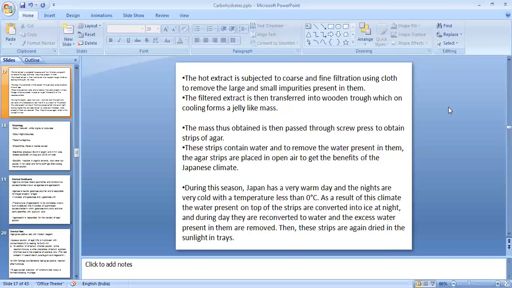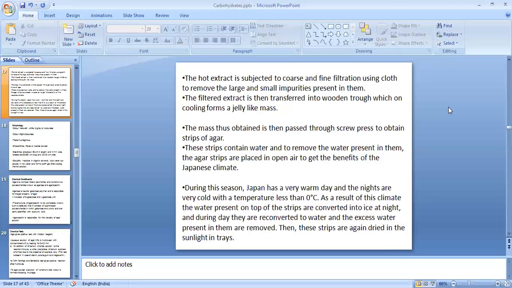So what is that freezing and thawing effect? During this season, Japan has warm days and very cold nights, and the temperature goes below 0 degrees. As a result, the water present in the strips is converted to ice at night, which is called freezing.